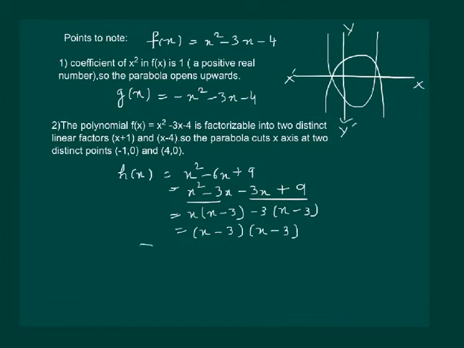This implies that 3 is the only zero of this polynomial and the parabola of this polynomial touches the x-axis at only one point, that is 3, 0.